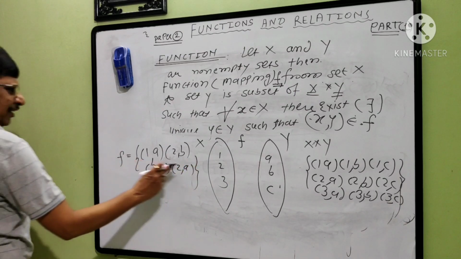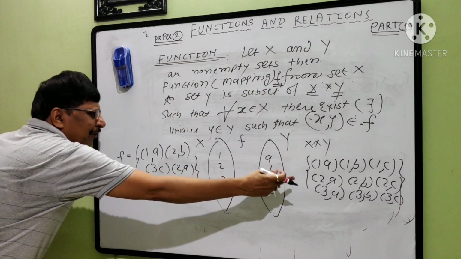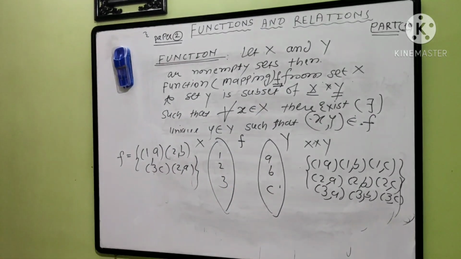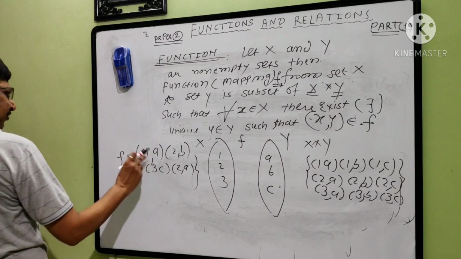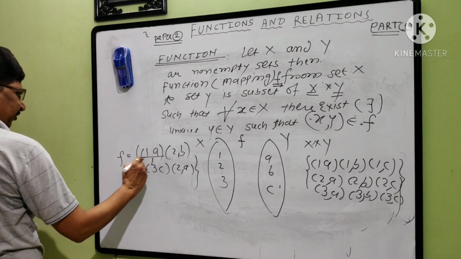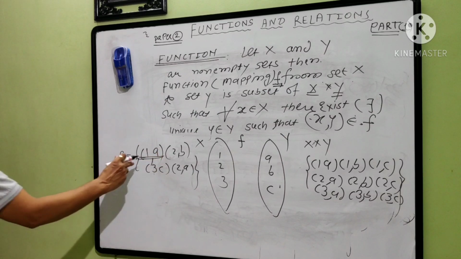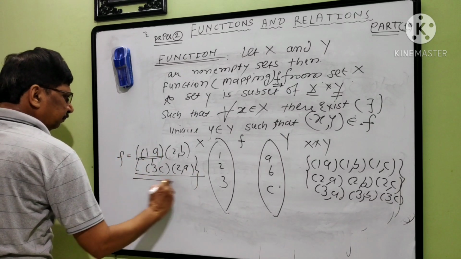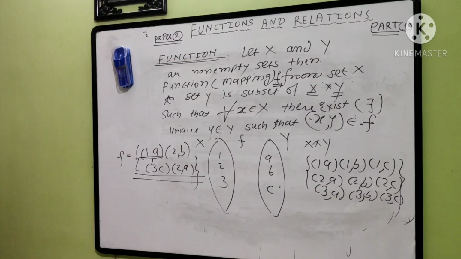Definitely this is a subset. These elements belong to X cross Y. Now f is a subset, so according to this definition, it is a subset.